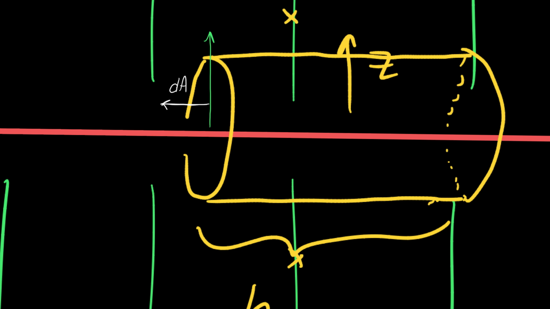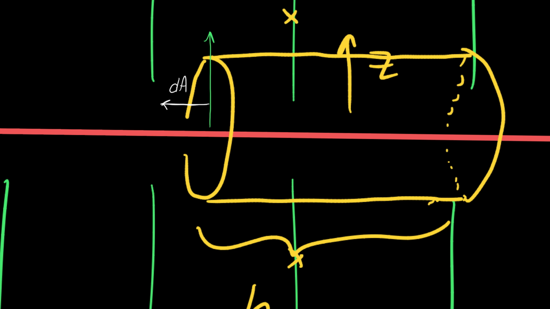So the dot product for the top is going to produce zero flux because no flux passes through the top. You guys follow that okay? And can I use that also at the bottom? Yeah. So I don't think there's any flux passing through the top or the bottom of the can.